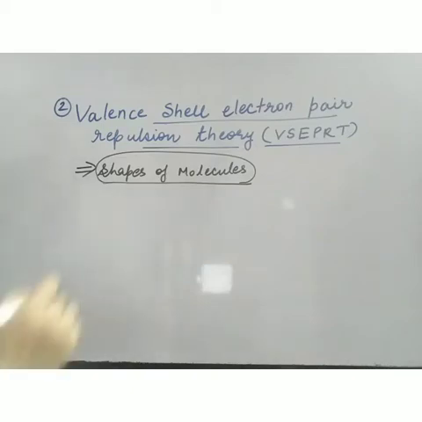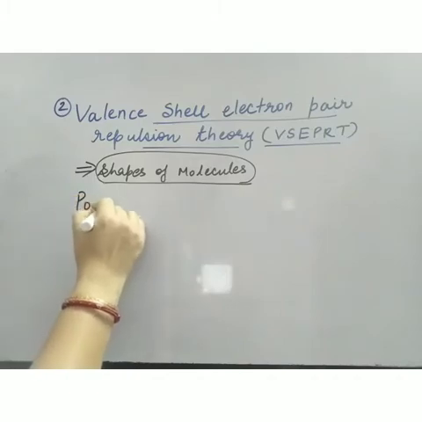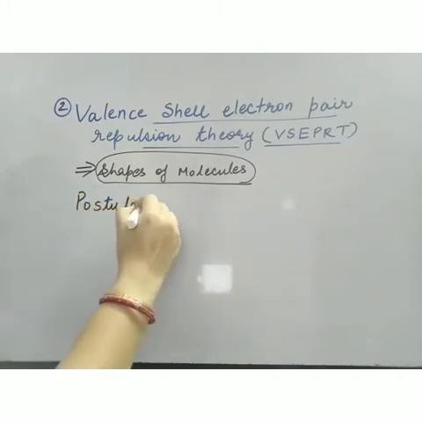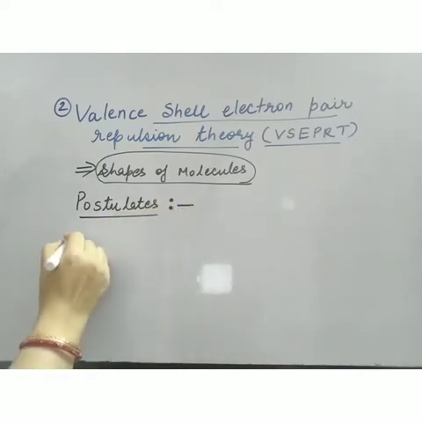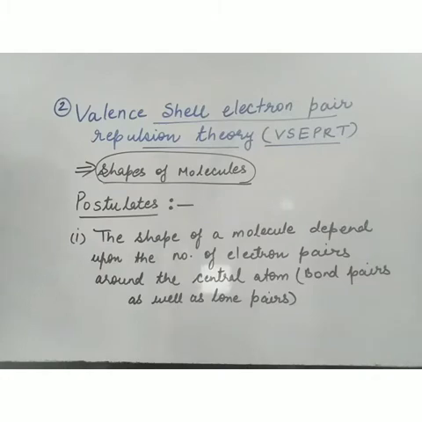Now, what are the main important points of this theory? The first point says that the shape of a molecule depends upon the number of electron pairs around the central atom.